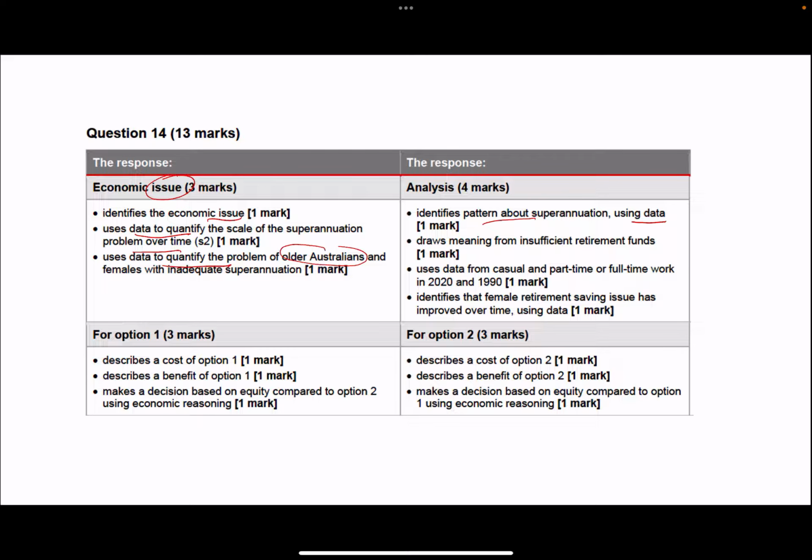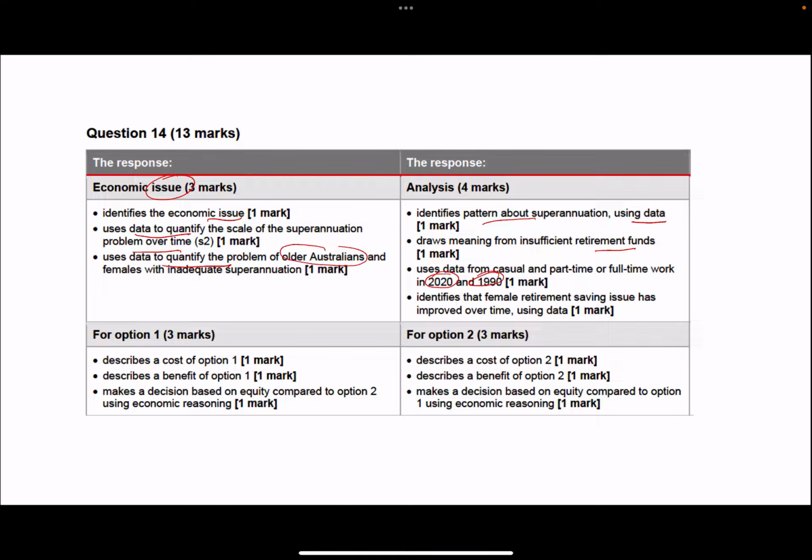Even if you really don't understand the question, break down the data. Draws meaning from insufficient retirement funds. What does it mean when people don't have adequate money for their retirement? It means they live at a very low standard of living, and it also means that the government may have to support them with further welfare or transfer payments. Uses data from casual and part-time work in 2020 and 1990.